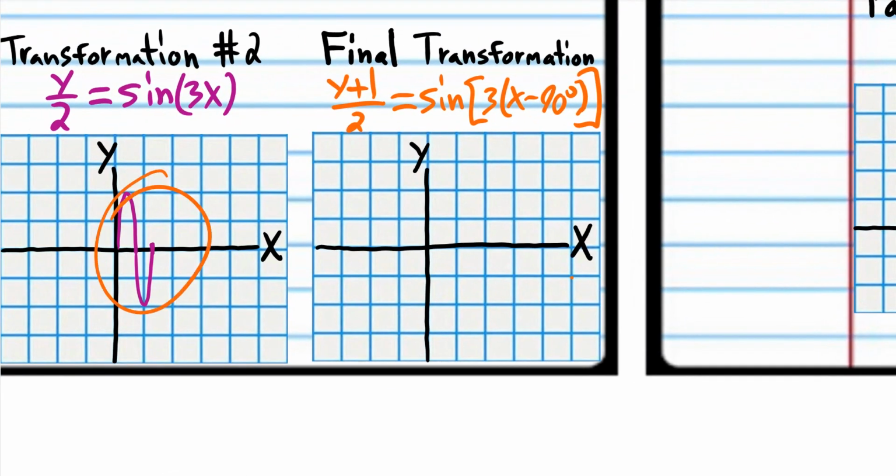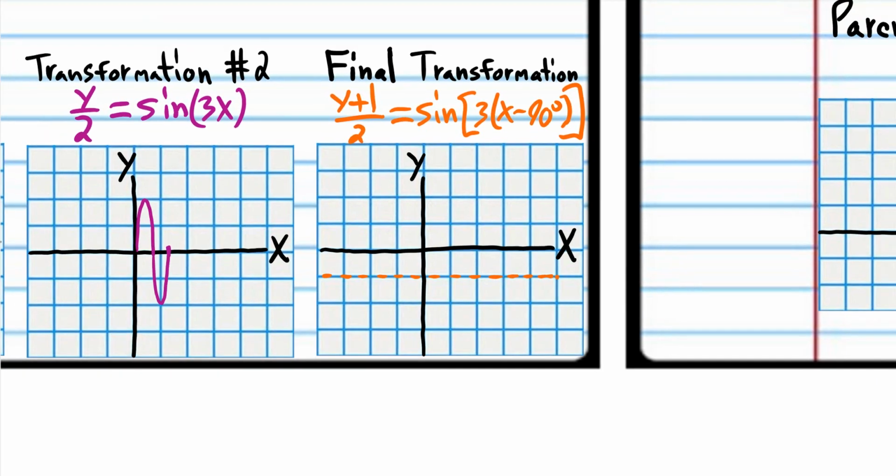So we take this graph here and we're going to move it down. So I'm going to draw the midline. That's called the midline. That helps us graph. And I'm going to move the entire graph 1 box to the right, because each box horizontally represents 90 degrees. So I'm going to move over, but I'm going to start on the midline because we're moving the entire graph down. So I'm going to go up 30 degrees and back down 60, and then 90, and then 120.